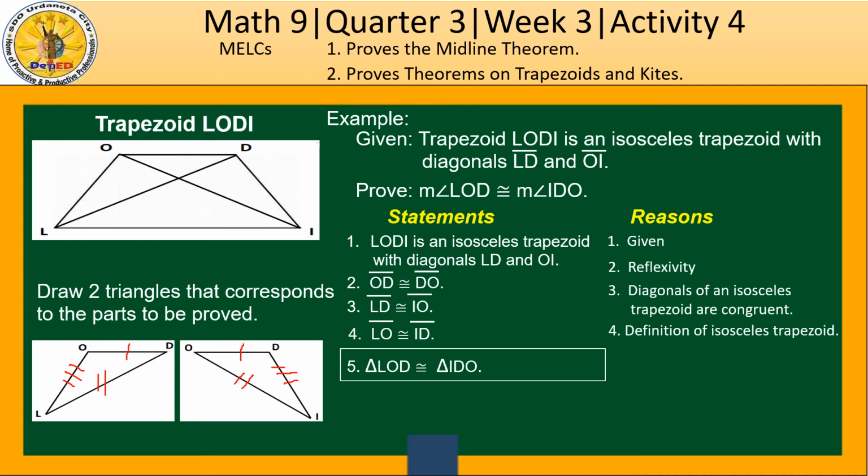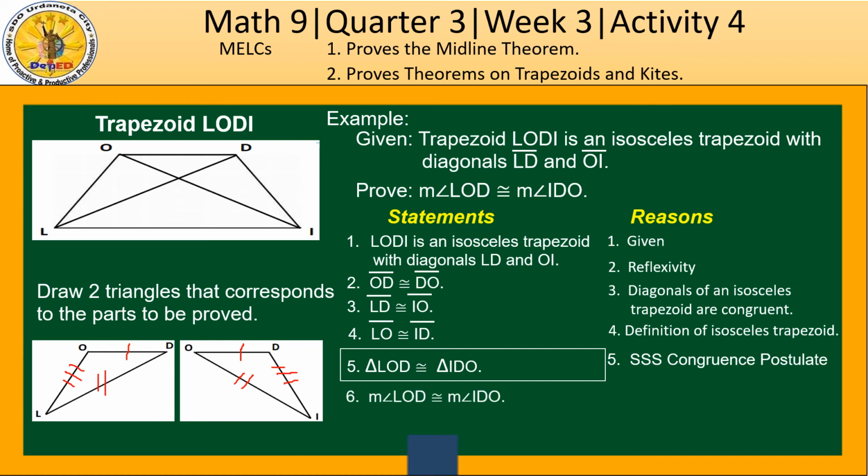What is the applicable congruence postulate? We have here side, side, and another side. So three sides. Therefore, that is the side, side, side congruence postulate. By virtue of the SSS congruence postulate, these two triangles are congruent.